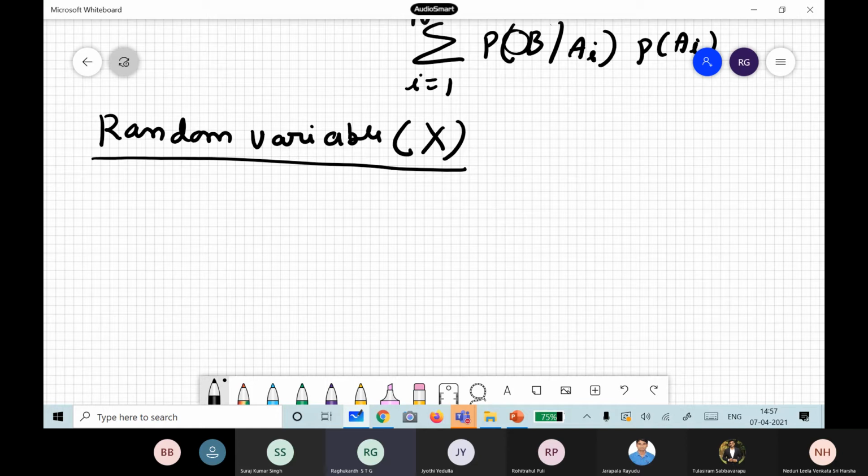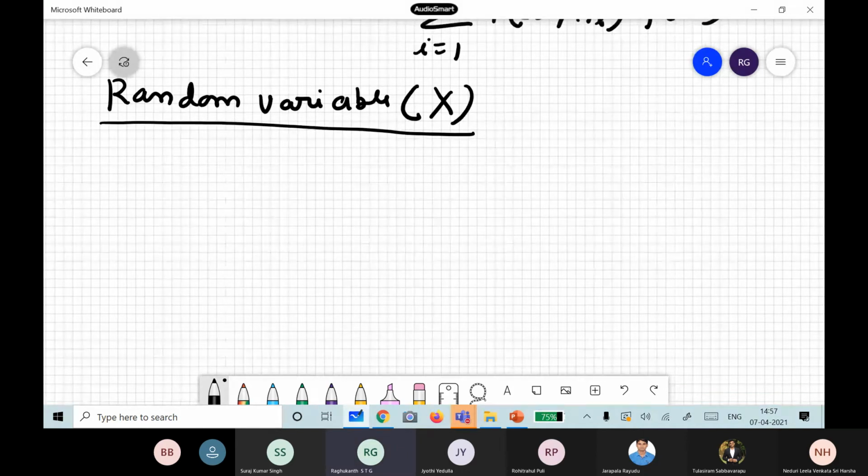This word. Can any of you define random variable? What do you mean by random variable? Whose value depends on a random event or something like that. So random event, that is how random variable is defined. What is the exact definition of random variable?